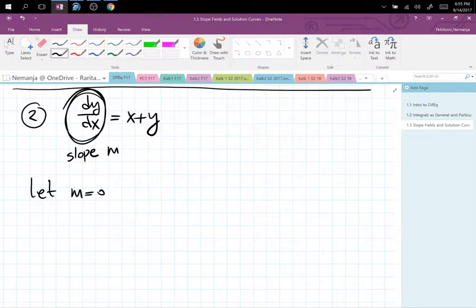So this is what you pick. You choose the value. I choose 0 first. Then I will go with 1 and -1 and 2 and -2 and so on. So let me do the first one with m equals 0. When I plug that into the differential equation, I'm replacing dy dx by m equals 0. I get the equation 0 equals x plus y. And I can solve that equation for y equals -x.